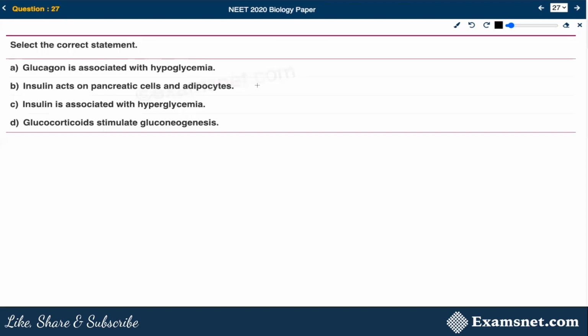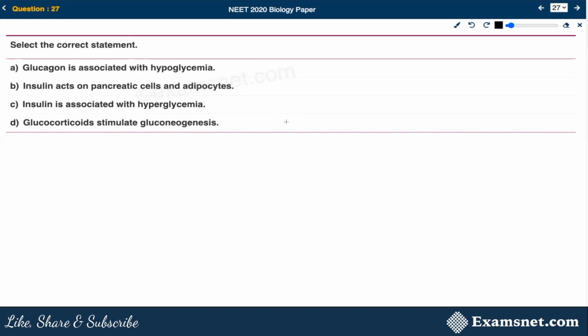So, glucagon is associated with hypoglycemia. All right. Let me tell you that glucagon is actually a hormone which is released from the pancreas, from the islets of Langerhans, which have alpha cells and beta cells.